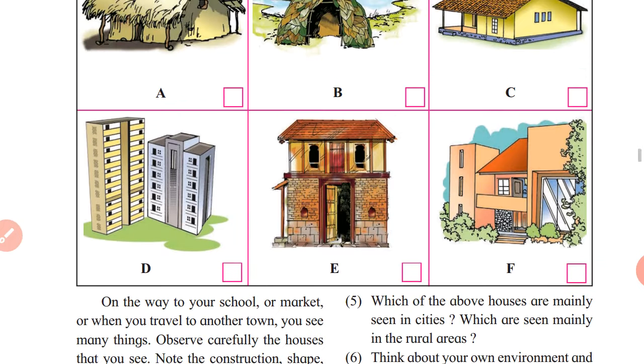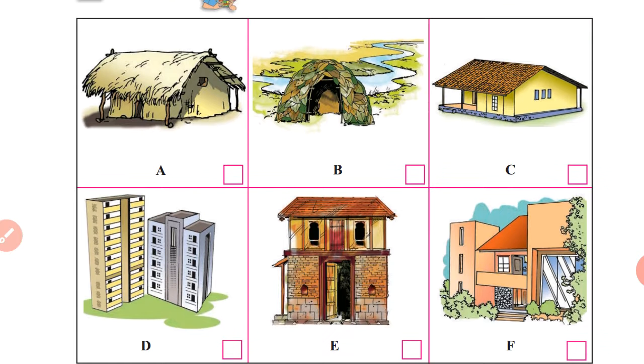Now, children, when you go to school on the road, you see many things, right? The first thing that comes to your mind when you see these houses is how the construction, shape, and materials are used to build them, right, students?